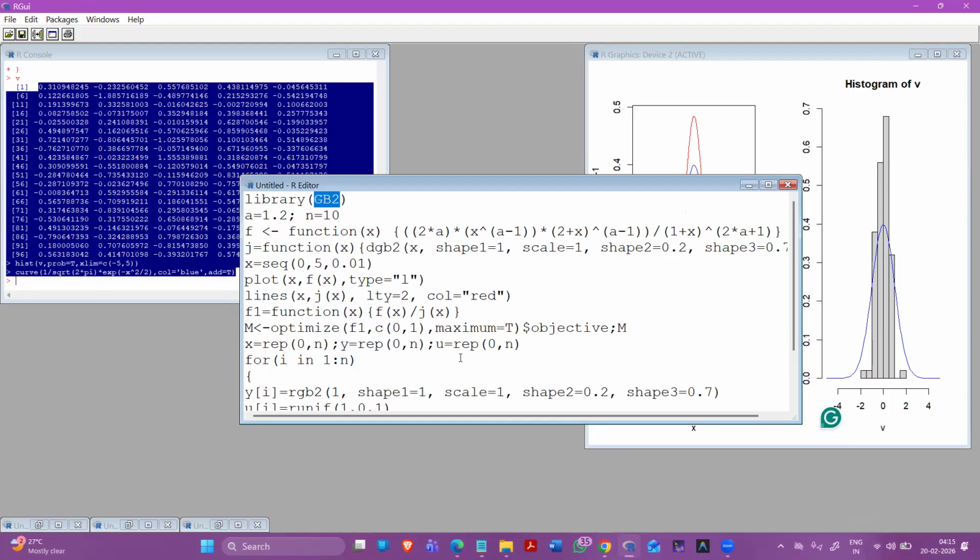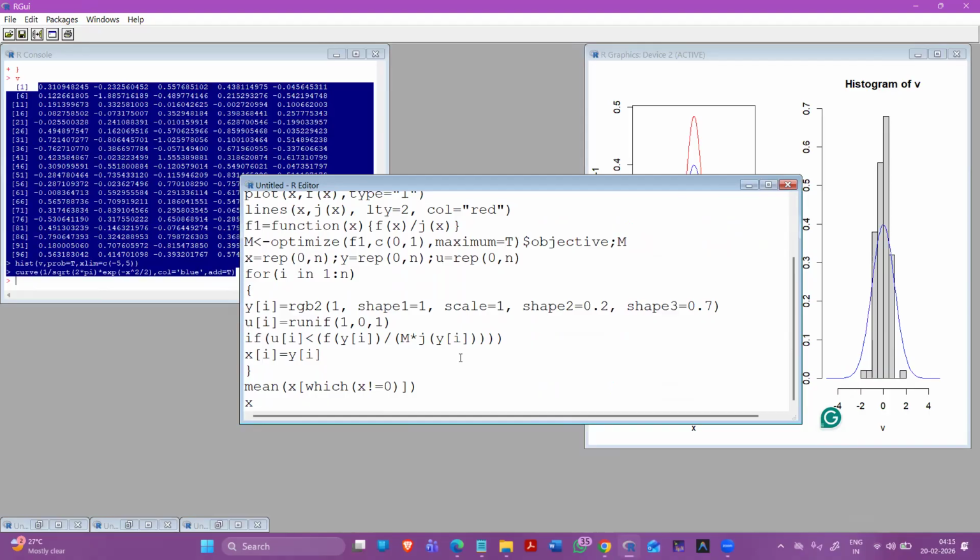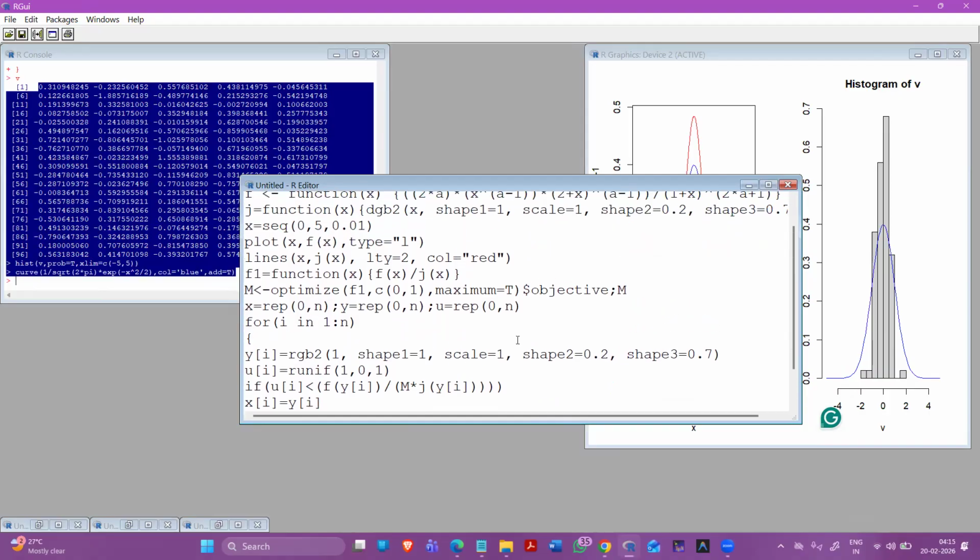We are going to use the same method here, same procedure, but instead of putting in some values of M, we are changing M every single time by the optimize of f1. That is the difference between these two commands. So that was your acceptance rejection method.